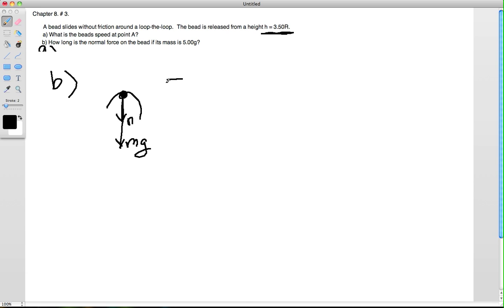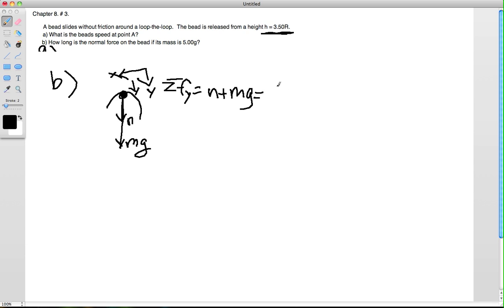So that makes the sum of forces in y equal N plus mg, because we can change the x and y coordinates to make everything positive going in the downward direction.